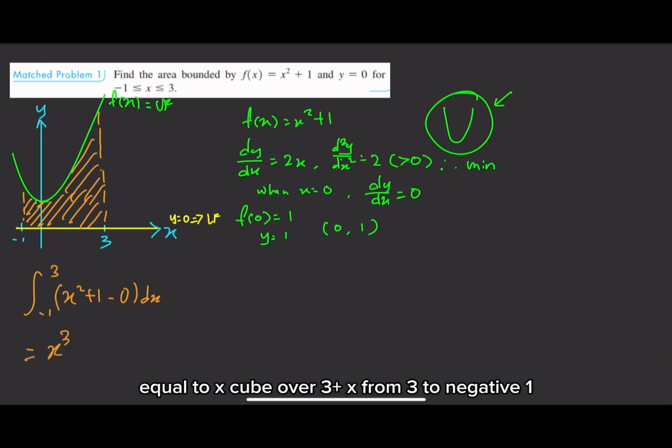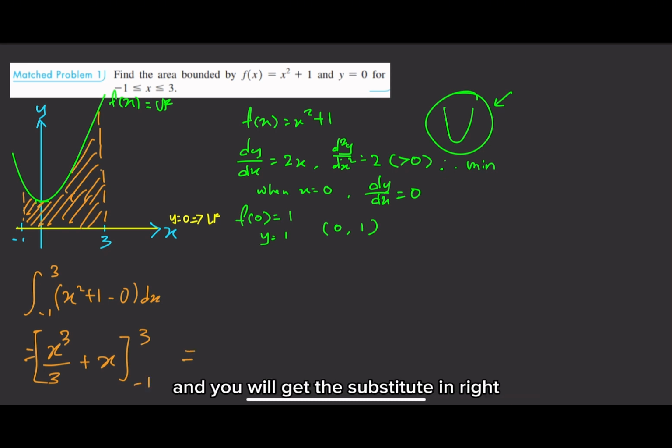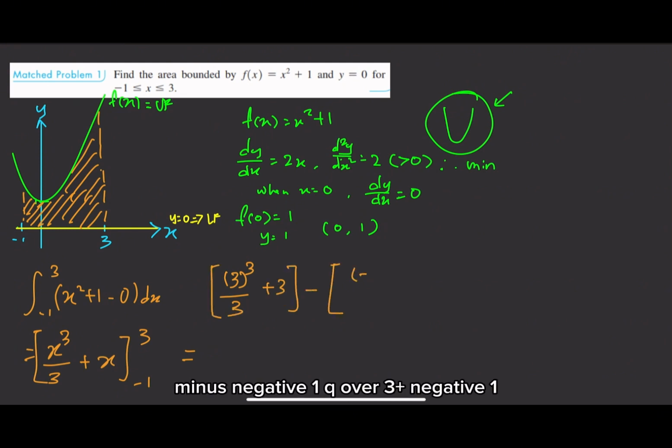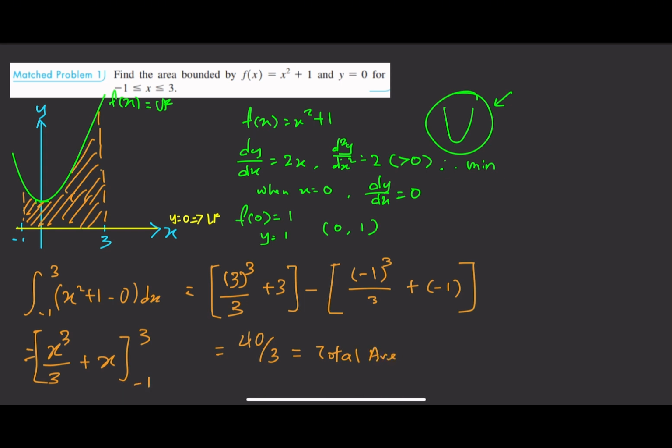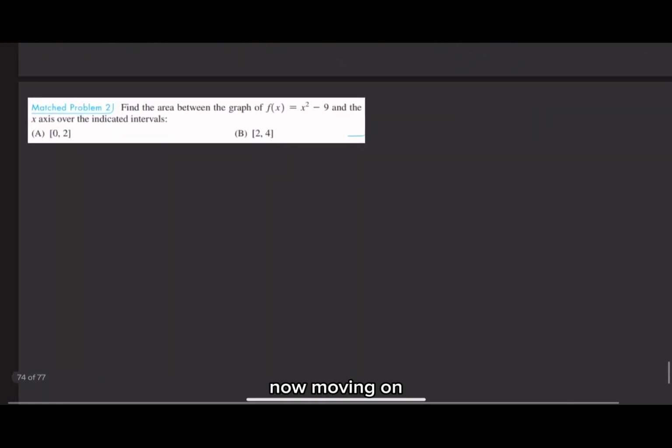Equal to x cubed over 3 plus x from -1 to 3, and you will get, just substitute in, right? 3 cubed over 3 plus 3 minus (-1 cubed over 3 plus -1), and you will get, always be careful of the negative symbols especially, 40 over 3, and that is your total area under the curve from -1 to 3.